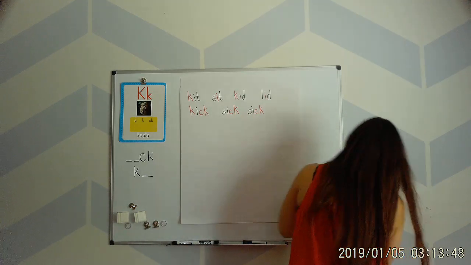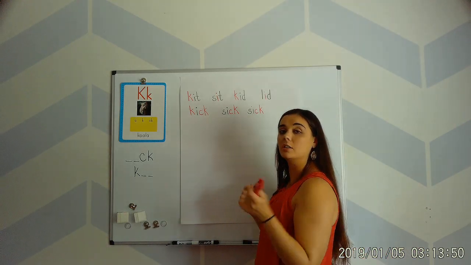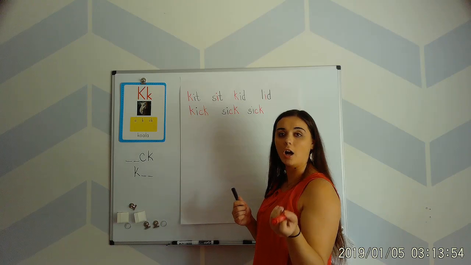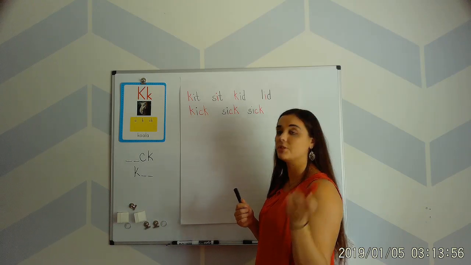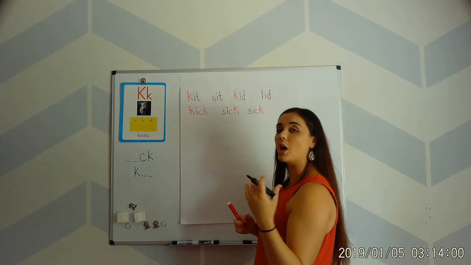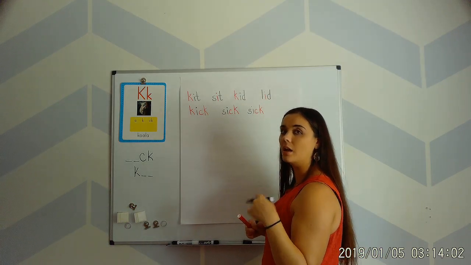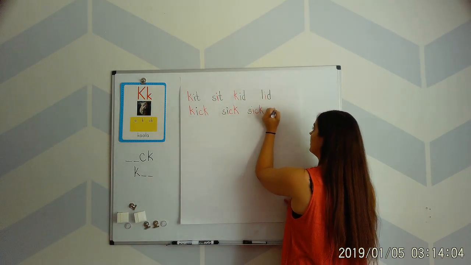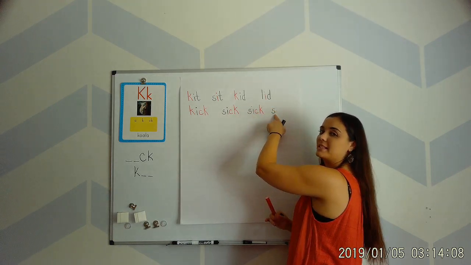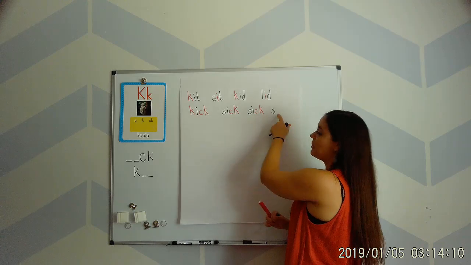All right. Next word. Sock. Your turn. S, o, k, sock. All right. So at the beginning of that word, sock, what sound do you hear? What letter? S. And then what do you hear?